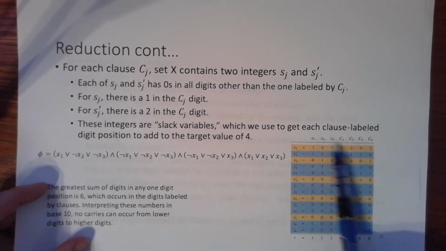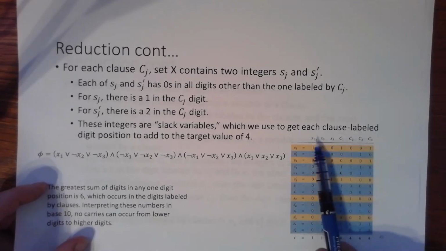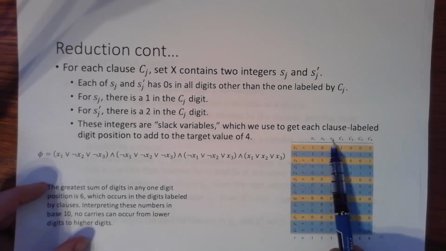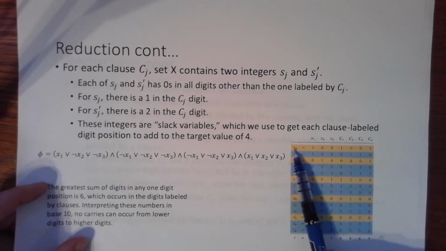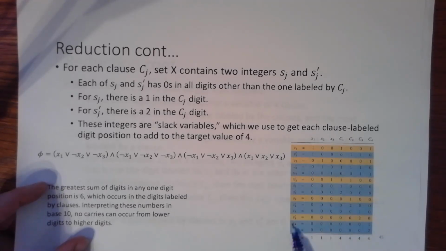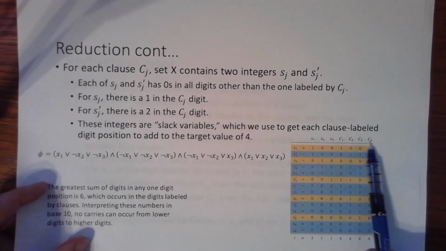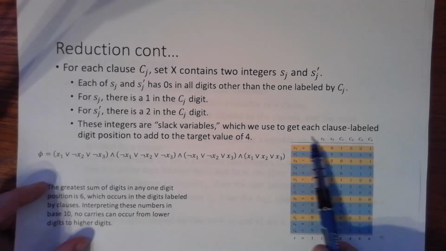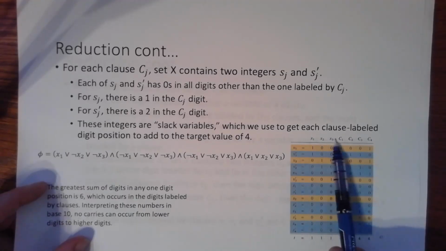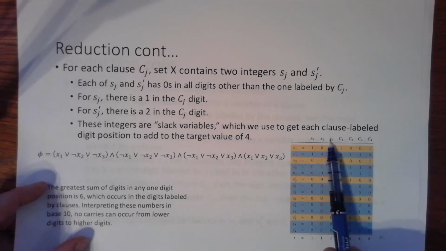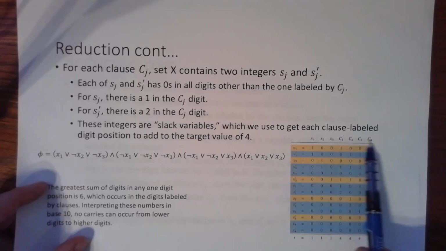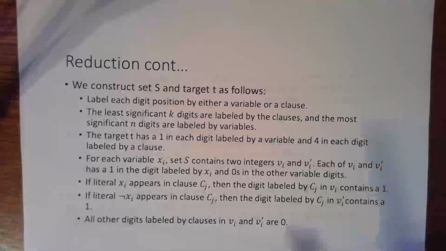We're going to create several different numbers, but they're all going to have this same general left-to-right layout: the most significant digits are associated with variables, and the least significant digits are associated with clauses.